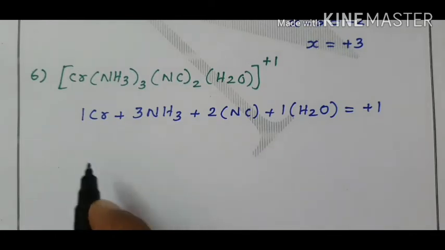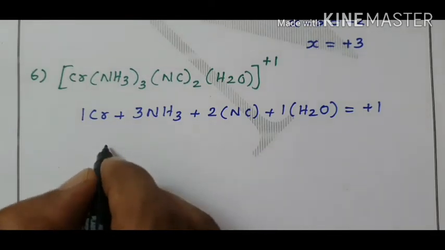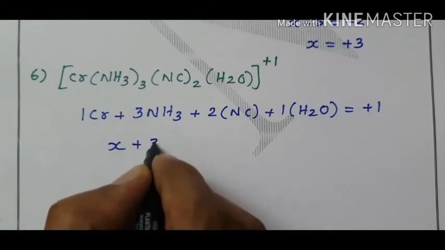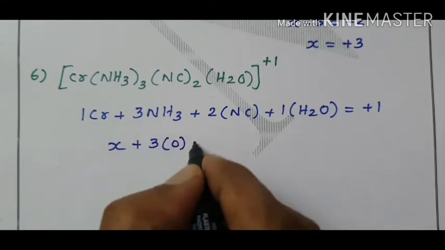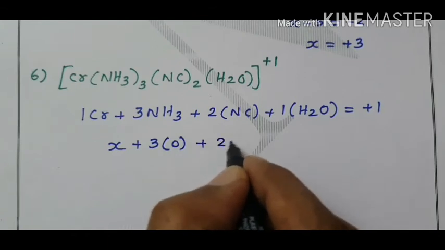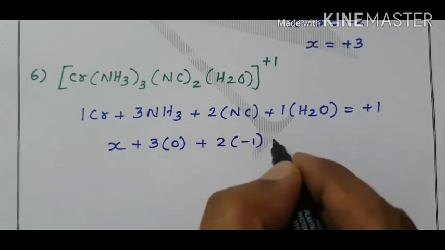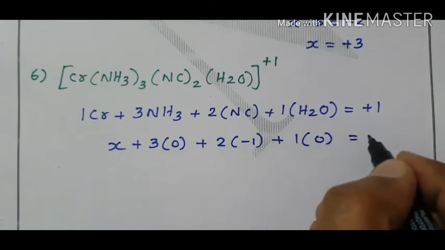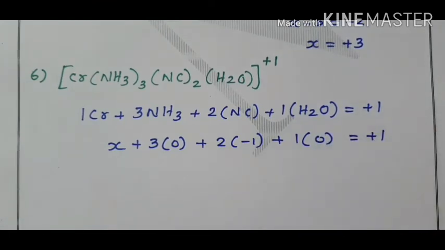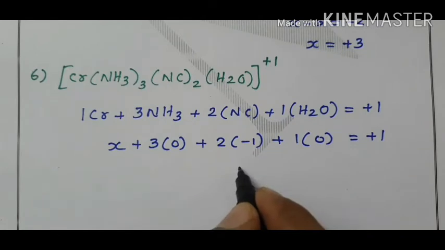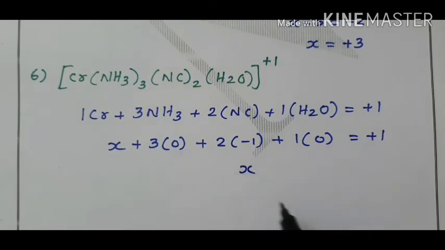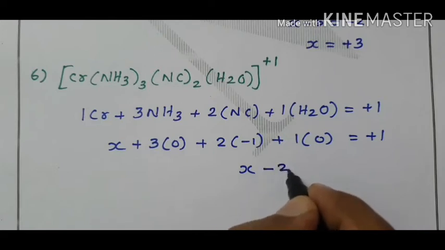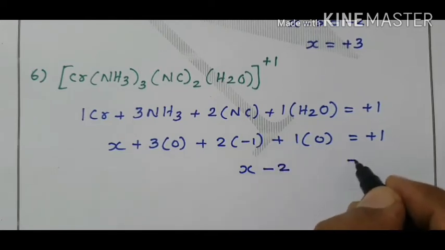We have to find out the oxidation state of chromium, the central metal ion. X plus 3 into 0 plus 2 into minus 1 plus 1 into 0 equal to plus 1. 3 into 0 equal to 0, 2 into minus 1 equal to minus 2, 1 into 0 equal to 0.